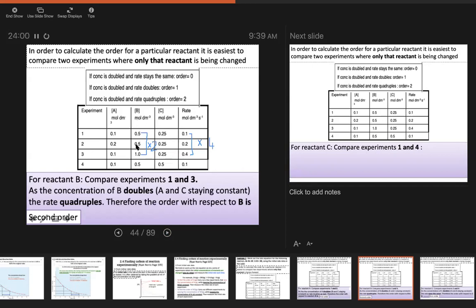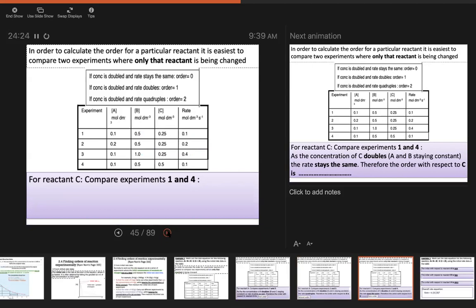Please show the working as I have done it here, so that you can see that between experiment 1 and 3, the B increases, and the rate also increases by 4. Okay, moving on to the last one, because we are running out of time.